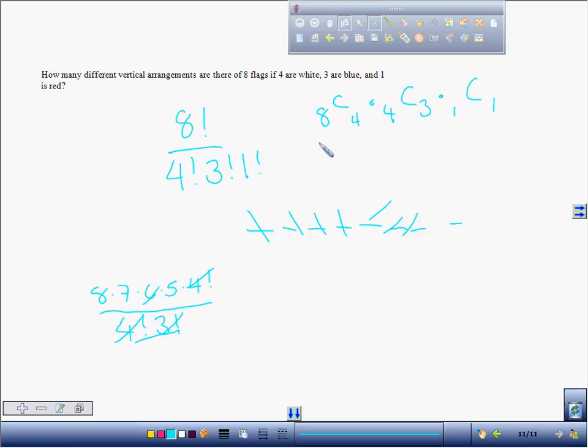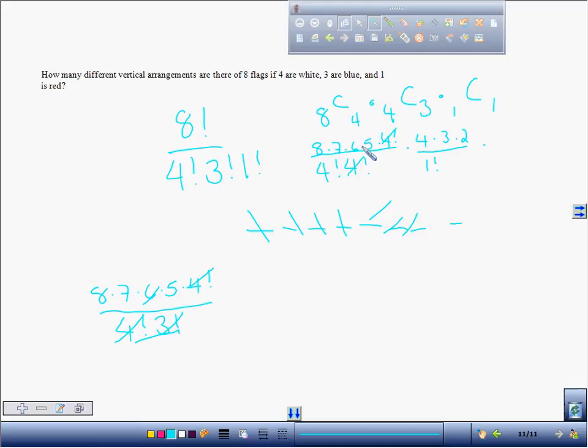Over here, this is 8 times 7 times 6 times 5 times 4 factorial over 4 factorial times 4 factorial, right? Because it's P minus R times R times 4 times 3 times 2 times 1 over 1 factorial times 1 factorial. And this cancels with this.